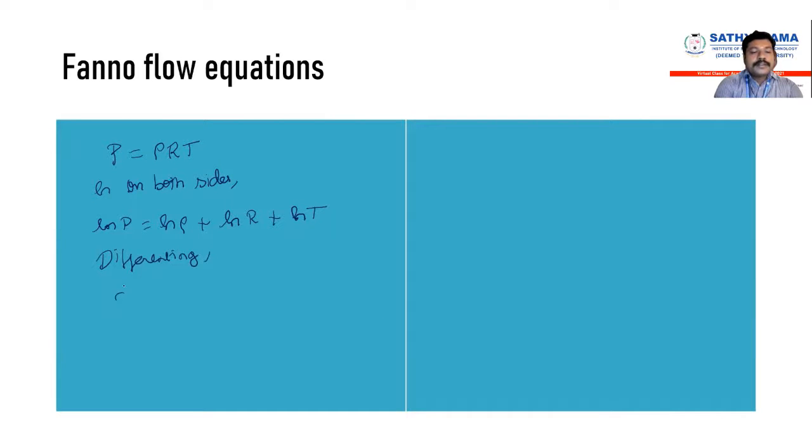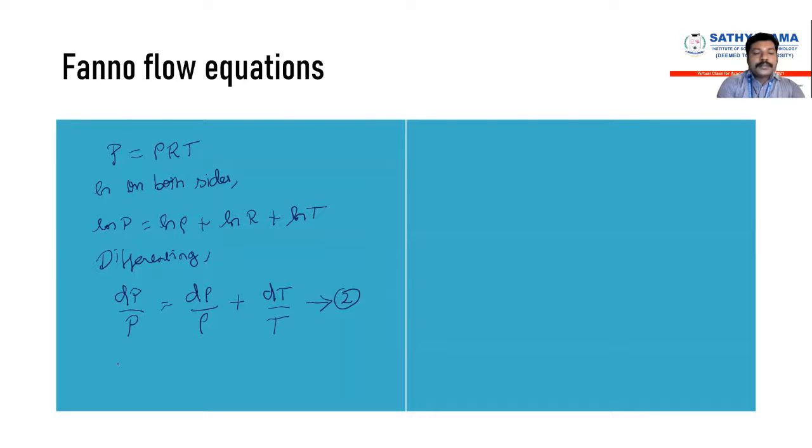On differentiating, what you get? dP by P is equal to d rho by rho, and ln R is constant since R is the gas constant, and differentiating ln of a constant is 0, and then ln of T gives dT by T. So finally this equation is equation number 2.